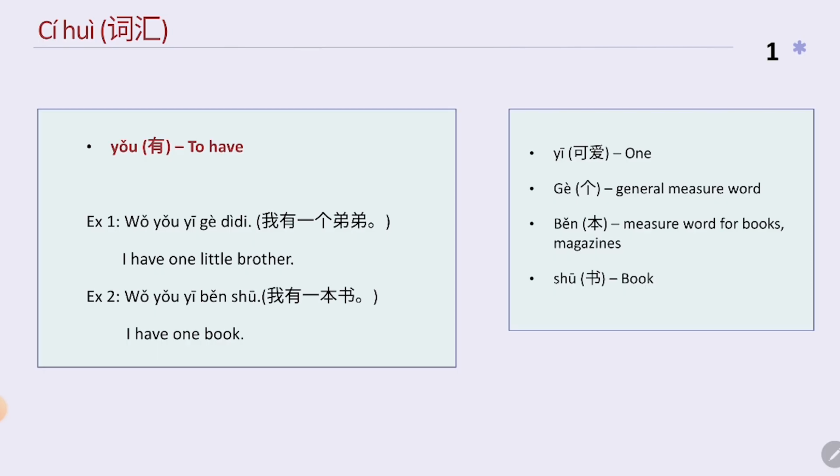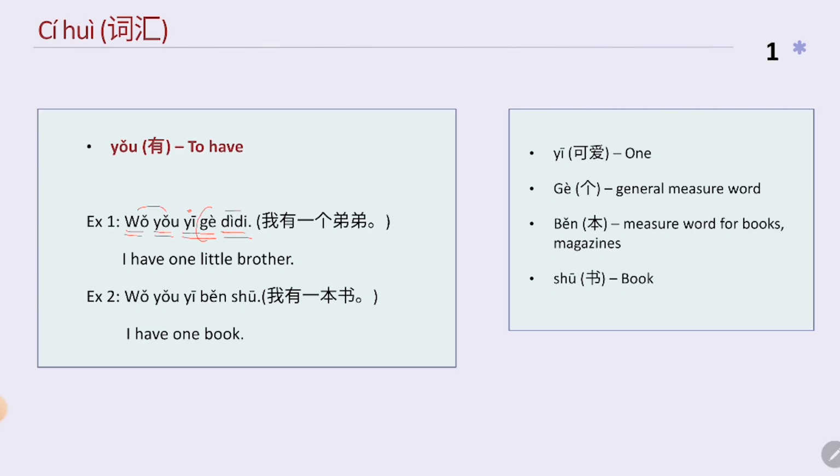Number 1, 有, that means to have. Look at example number 1. 我有一个弟弟。Here, 我有 means I have. 一 means one. 弟弟 here means little brother.